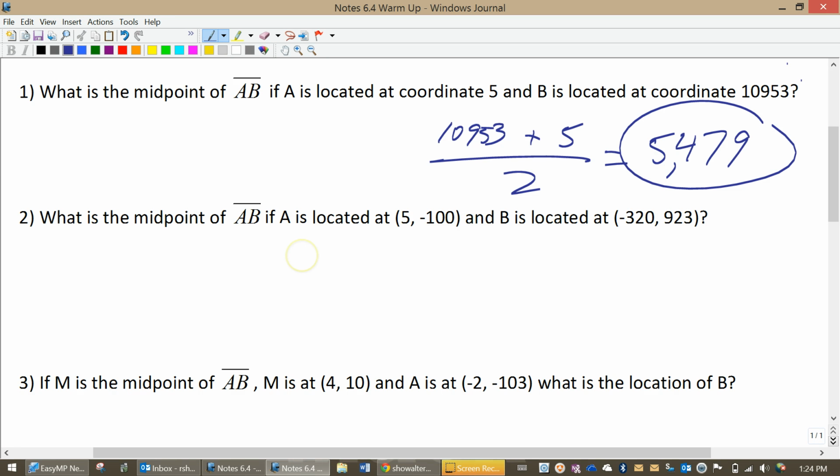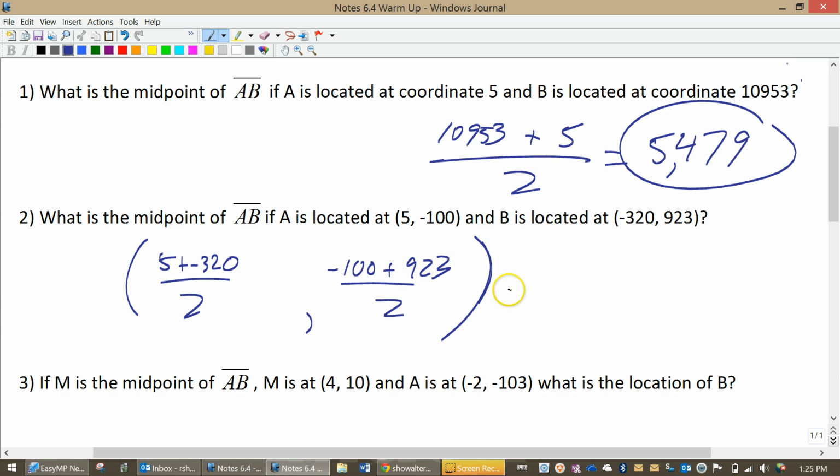In terms of the other one, what would be the midpoint? It's the average of the coordinates. There's 2 separate coordinates on this problem. There's an x coordinate in each setup, and there's a y coordinate in each setup. It's the average of the x's and the average of the y's. We're averaging 5 and negative 320. Those are the x values, and then averaging negative 100 and 923.